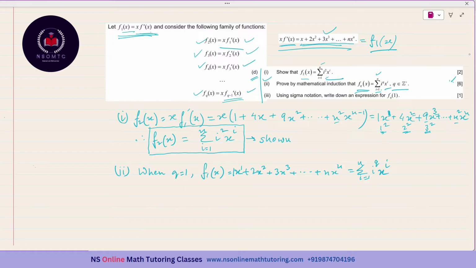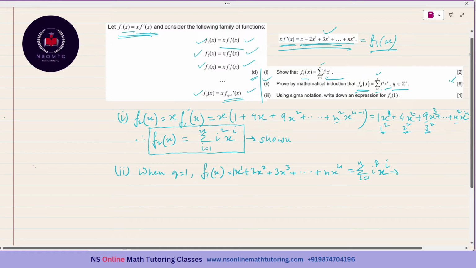So it is true when q is equal to 1. Okay, q is any positive integer.